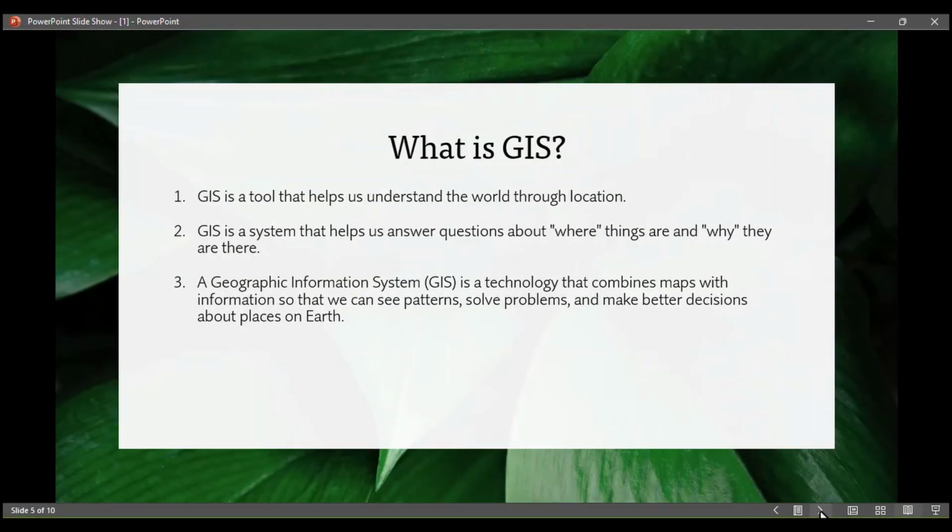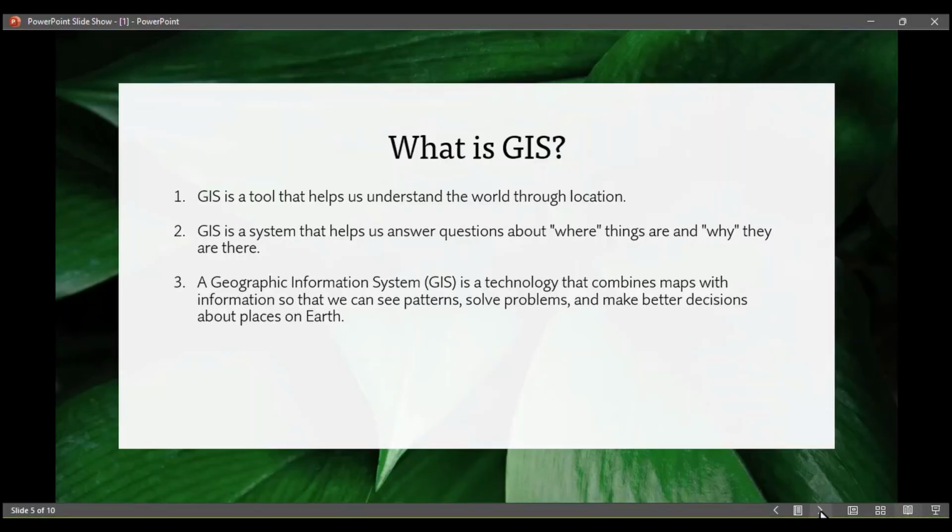I have three simpler definitions here. A GIS is a tool that helps us understand the world through location. GIS also is a system that helps us to answer questions about where a thing is or things are and why they are there.